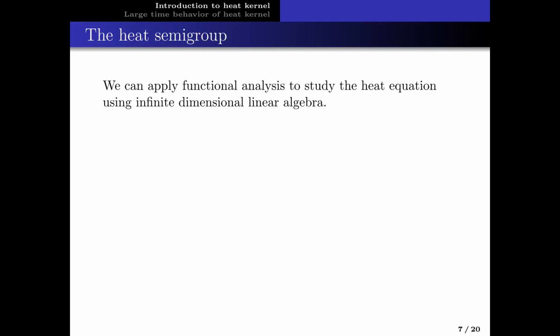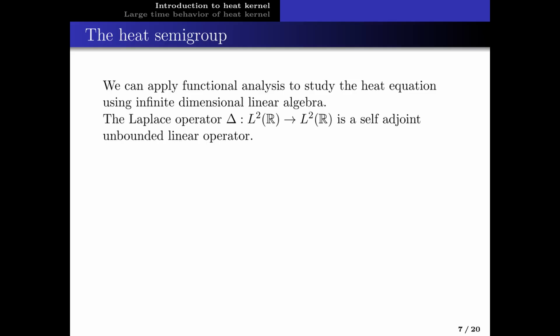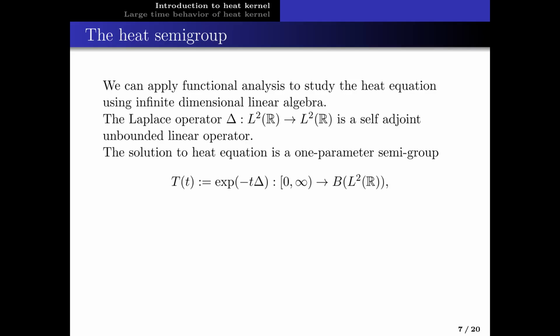What we are looking at here is some multi-dimensional linear algebra. We have a self-adjoint operator defined by the Laplacian on the L2 functions. This is an unbounded self-adjoint operator. We can look at the heat kernel.